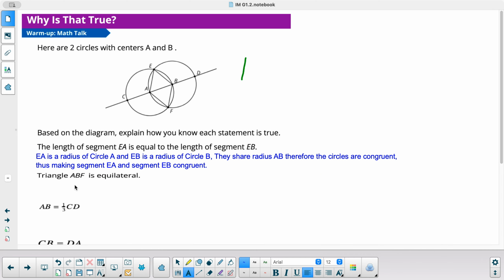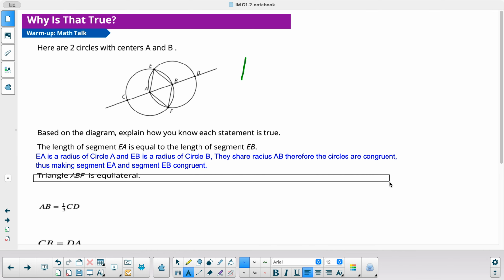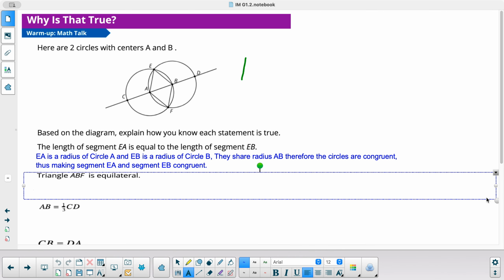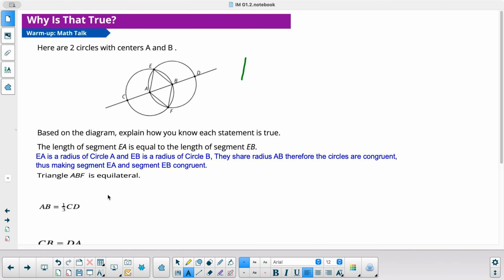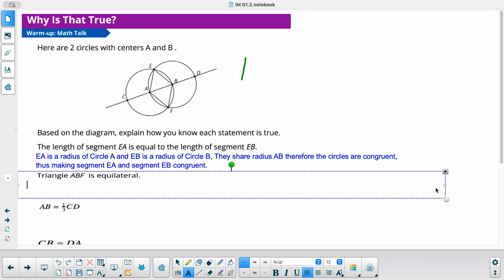How do we know triangle ABF is equilateral? So kind of the same idea there. We could copy that and say the circles A and B share radius AB.